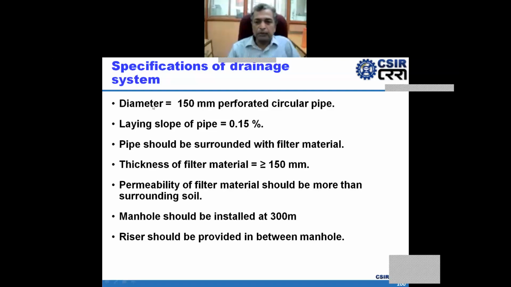The diameter of the perforated circular pipe is about 150 mm, and the laying slope of pipe is 0.15%. The pipe should be surrounded with filter media, the thickness of filter materials should be more than 150 mm, and the permeability of the filter material should be more than surrounding soil. Manholes should be installed at 300 meters, and risers should be provided in between manholes. So this specification was implemented at the Calicut airport.